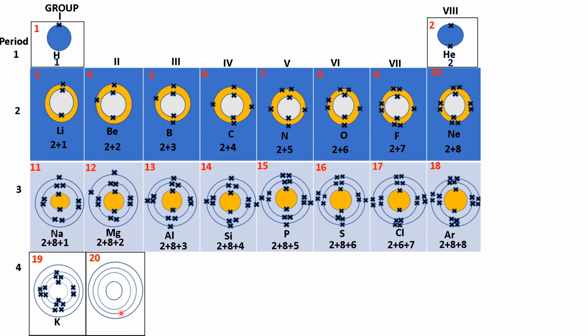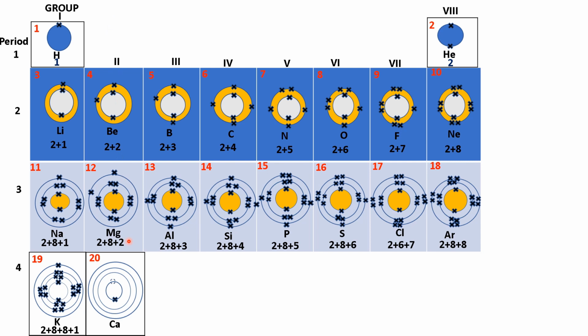So calcium is present in group number 2, and according to the shells, 1, 2, 3, 4, 4 shells, the period number equals 4, because the shells refer to the period number, and the electrons in the outer shell, which are called the valency electrons, refer to the group. This is group number 2.